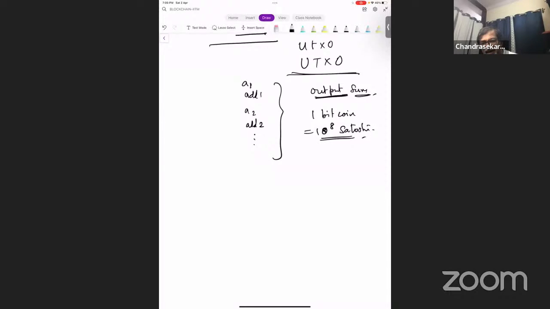Satoshi is like your cent, the lowest denomination. This is 100 million, 1 followed by 8 zeros. 1 followed by 3 zeros is 1000, 1000 thousands are a million, 1 followed by 6 zeros is a million.